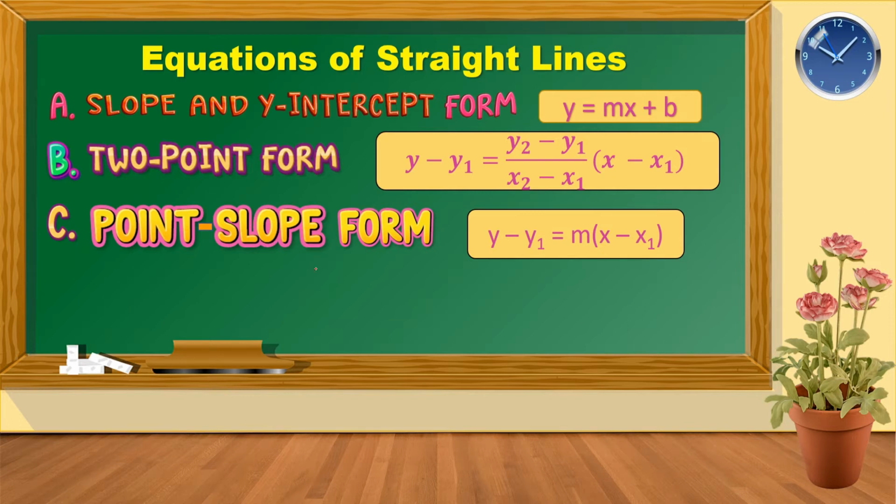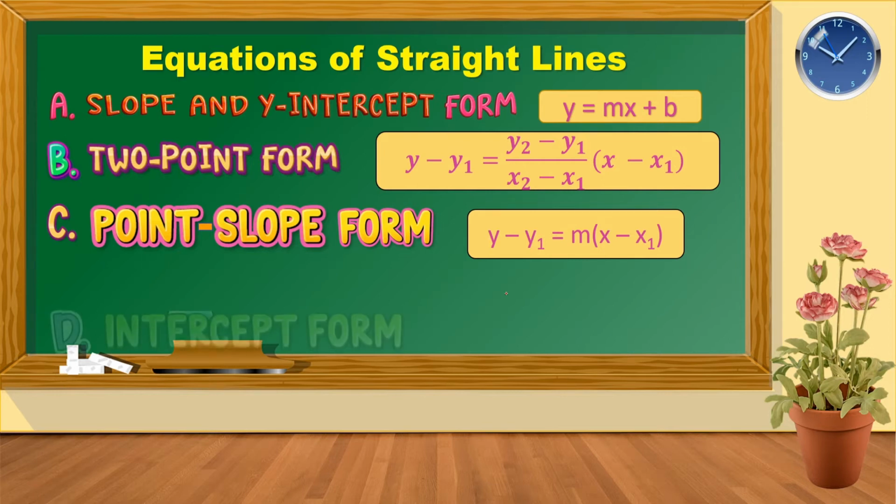We can use point-slope form if the given in the problem are a point and a slope. So, makikita natin dito sa formula na meron tayong m, which is the slope, and a point, wherein meron tayong x sub 1 and y sub 1. Again, y and x are variables in the equation.